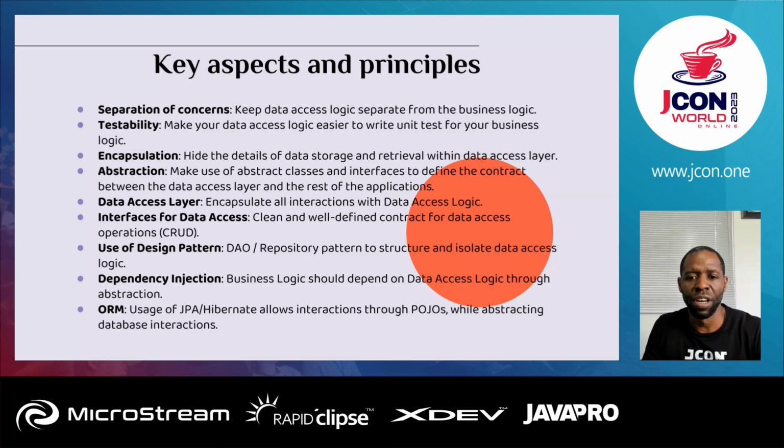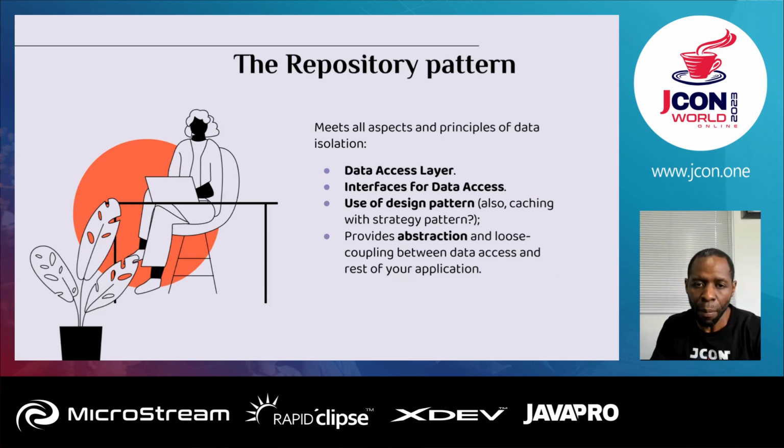So the repository pattern basically is a data access layer. And basically for data access, we use primarily interfaces and also design patterns. So for example, we can use a strategy pattern to do caching.